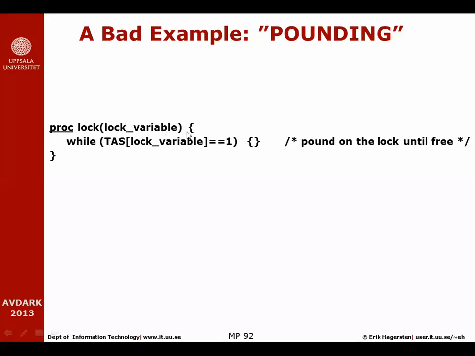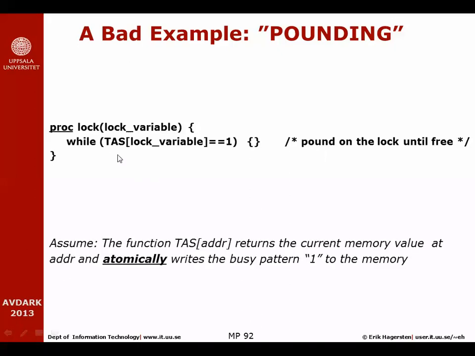The lock variable identifies the critical section we'd like to get into, and the semantics is that if the lock variable contains a 0, it's free. If it contains a 1, somebody else is in the critical section.